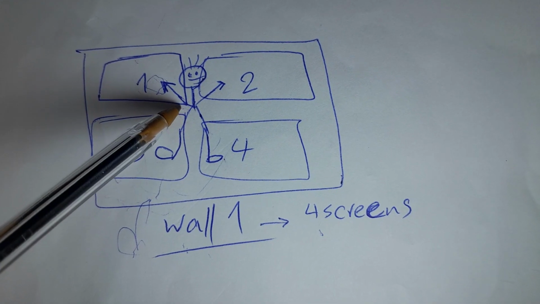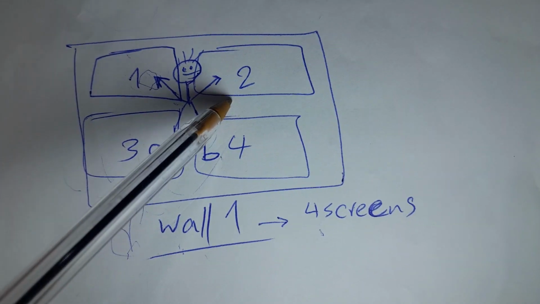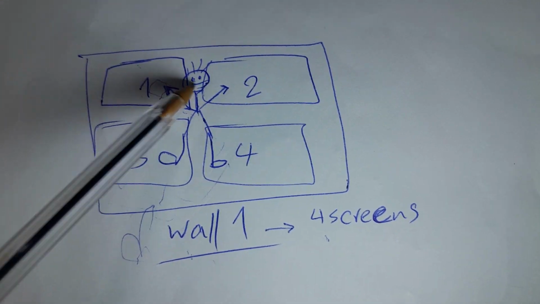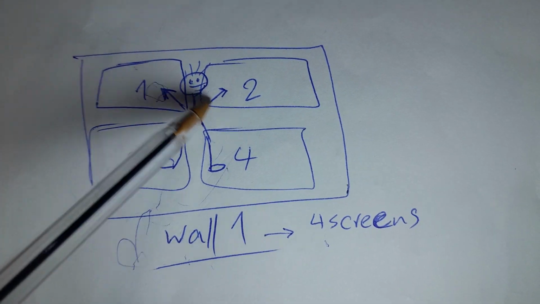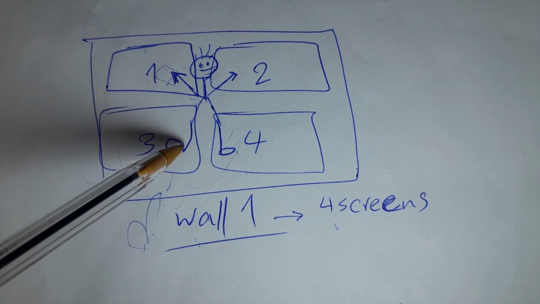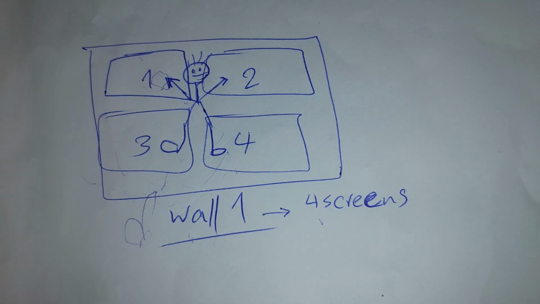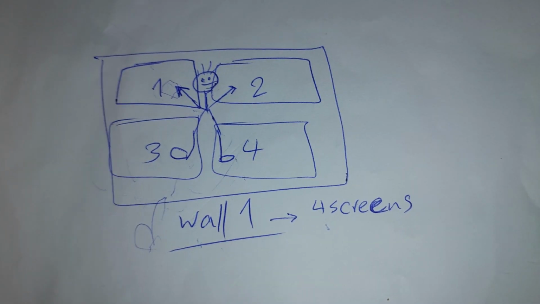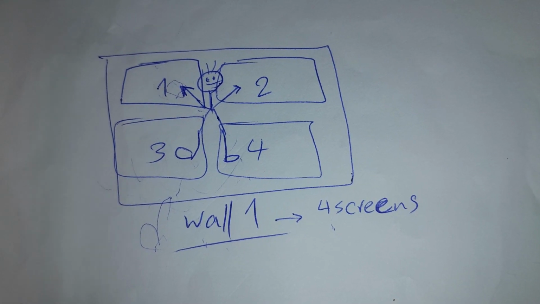Screen number 1 shows his hand, screen number 2 shows his other hand and a bit of his head. Screens 3 and 4 show his legs. In conclusion, a video wall is a large monitor created from multiple monitors.